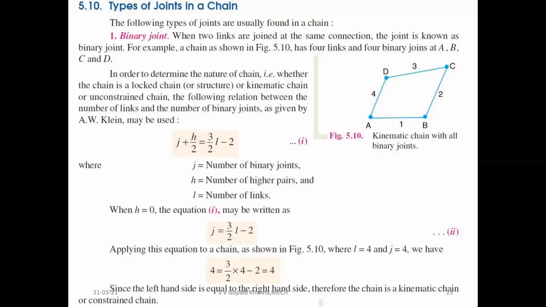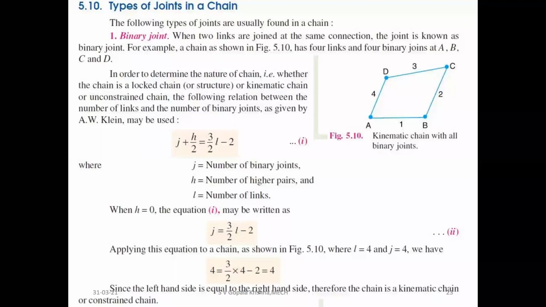So when we substitute our values in our equation, the H value is going to be 0. Why? Because a higher pair means the pairs are having point or line contact. So what contact is there? A, B, C, D all are lower pairs, connected with the help of pins, so surface contact is there between one link and another link.